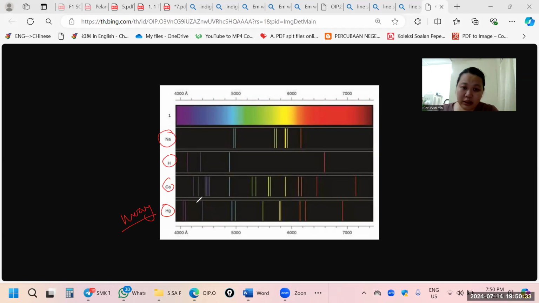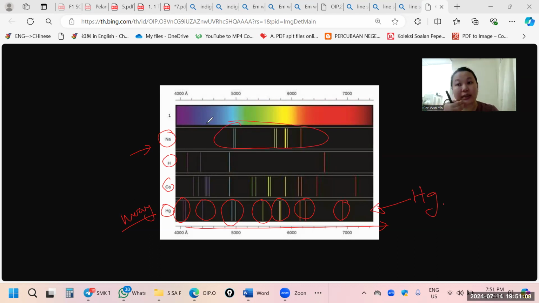For mercury, if you are not sure what it is, you just use the line spectrum to check. You'll find mercury has 2 violet, 1 indigo, 2 blue, 1 green, 2 yellow, 2 orange, 1 red. If they give out lines like this, sure, this is mercury. And sodium gives out a line spectrum like that.